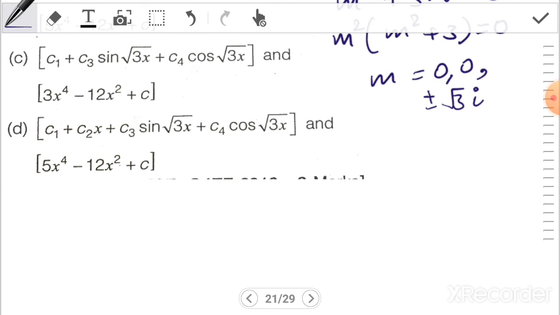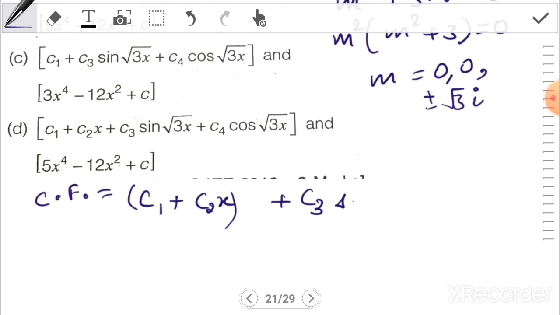Now the complementary function is equal to c1 plus c2 x plus c3 sin root 3x plus c4 cos root 3x.